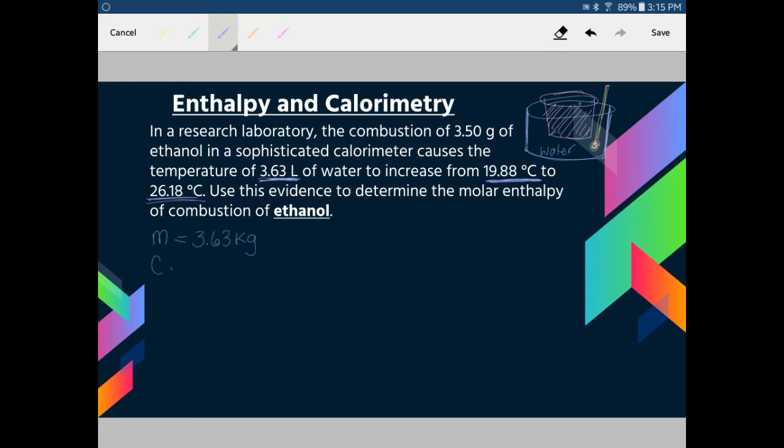Okay, our C is again 4.19 joules per gram degree Celsius. And our change in temperature is from 19.88 to 26.18. So our change in temperature there is 6.3 degrees Celsius.